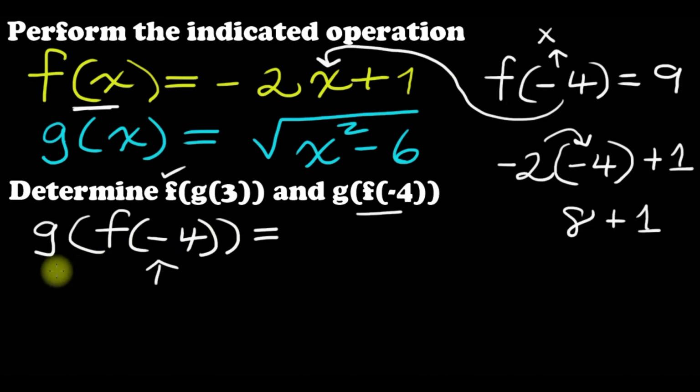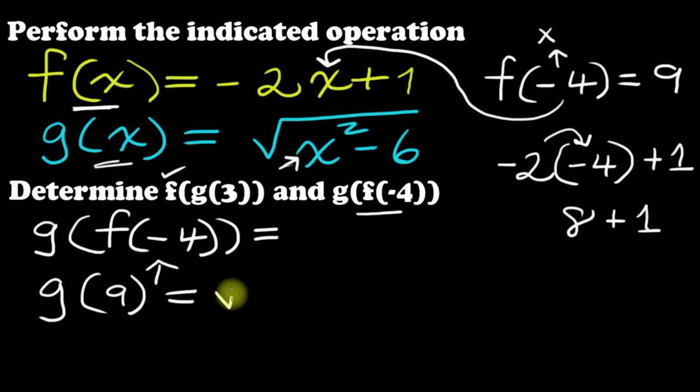Now we're going to come over here and find out what g of 9 is. It's the same process using a different function. So g of x, here's your g of x. We're going to plug 9 in here, this x right here.